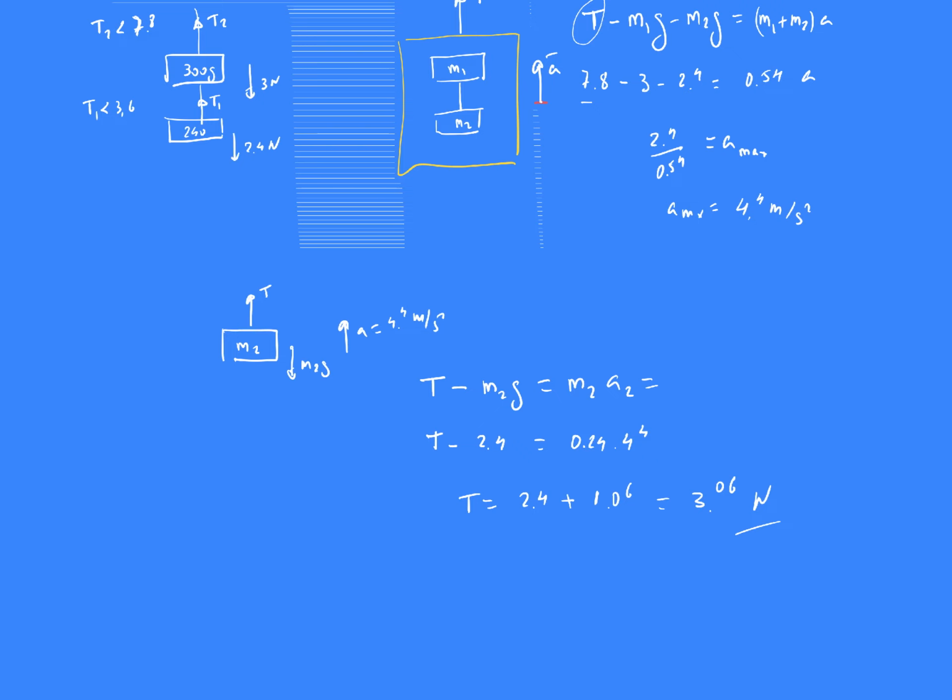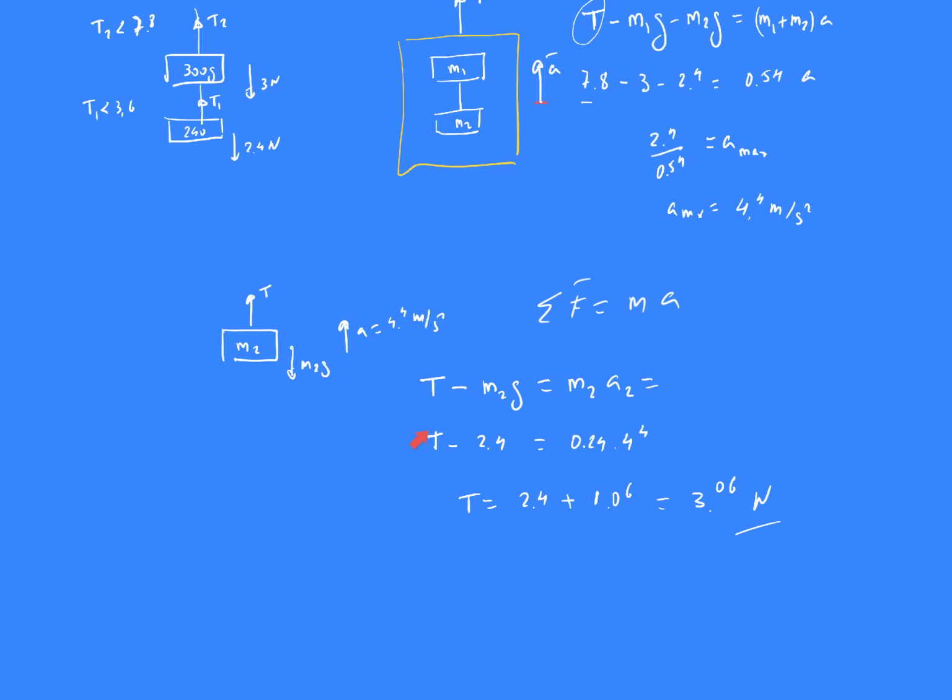What Newton's law says is that the sum of all the forces equals mass times acceleration. The tension is going up, positive. The weight is going down, negative, M2G. It is mass times acceleration, positive acceleration, because it is going upward. I have chosen the positive direction going upward. So T minus M2G equals M2A.